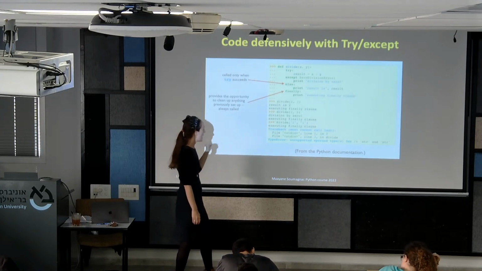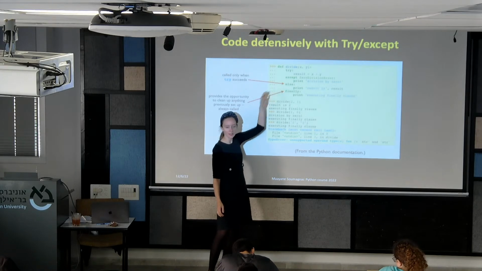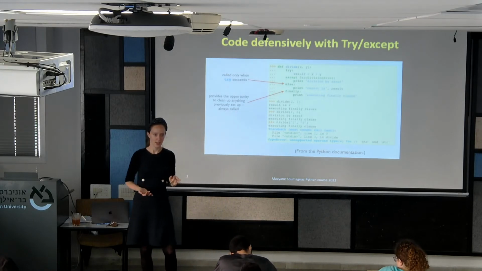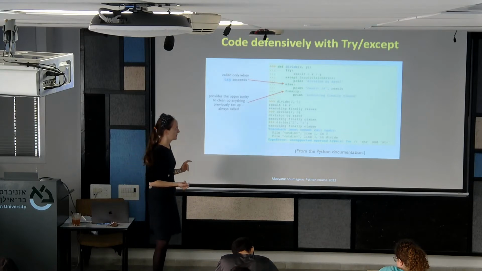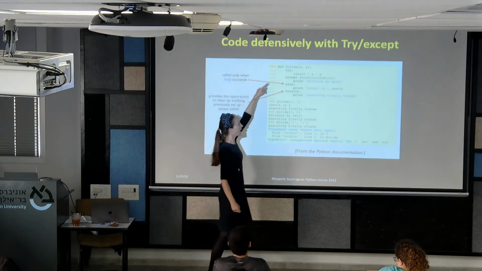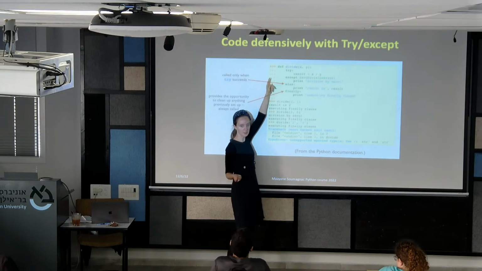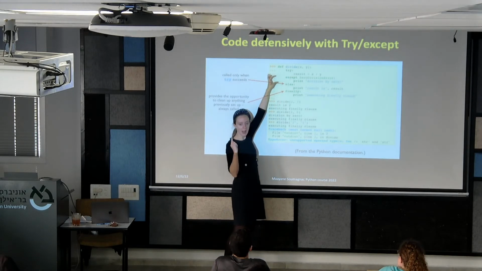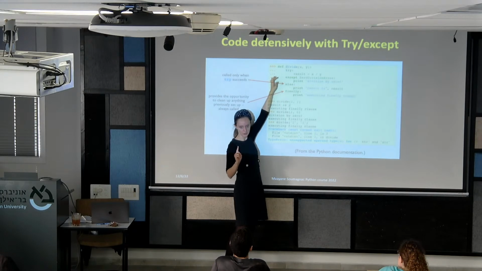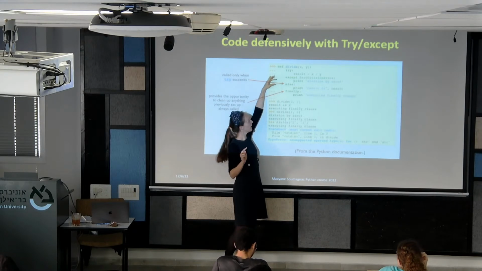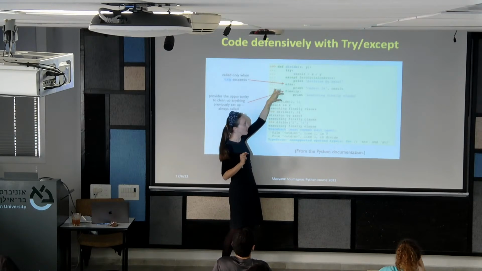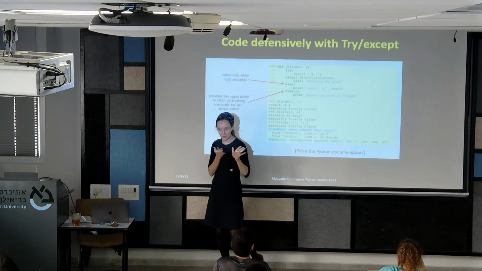And the finally block will happen in both cases. So, let's summarize. Try is trying an operation. Then except is only happening if the error occurs. Else is only happening if the error does not occur. And finally is happening no matter what.